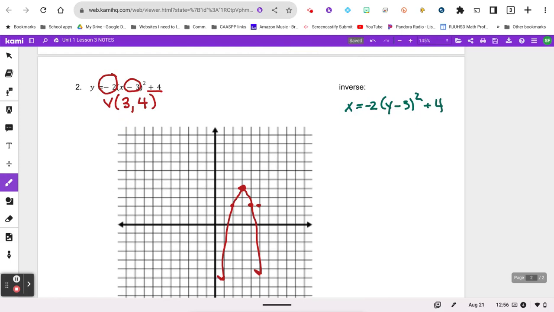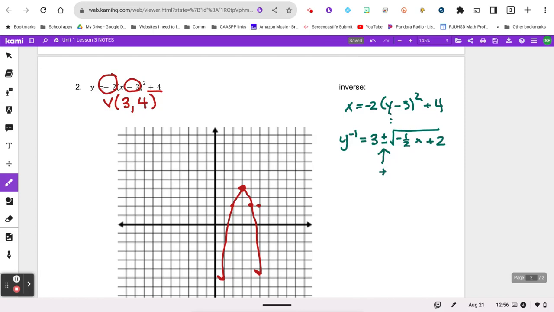I'm going to go ahead and solve it, and we're going to get the inverse is 3 plus or minus the square root of negative 1/2 x plus 2. And remember, when I'm graphing, I'm only going to do the positive because we are restricting it. We talked about this on the last one.